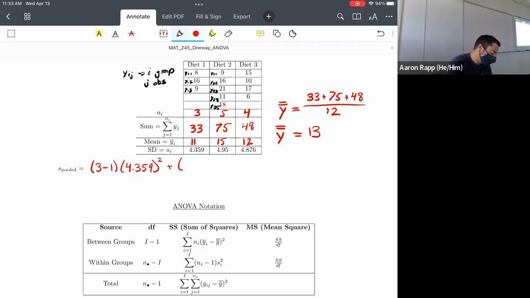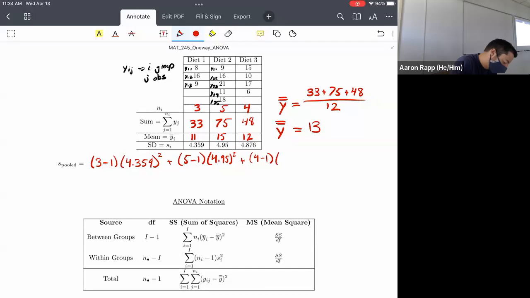So the sample size of my second group minus 1, or 5 minus 1, times the second group standard deviation quantity squared, which was 4.95. Then I do it for the third group. We had 4 observations, so 4 minus 1 times its standard deviation, 4.876 quantity squared.